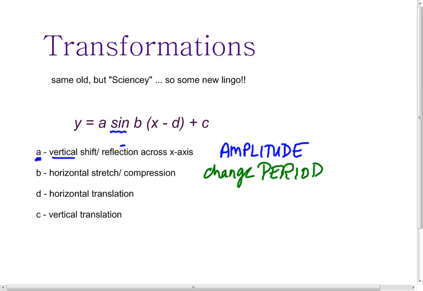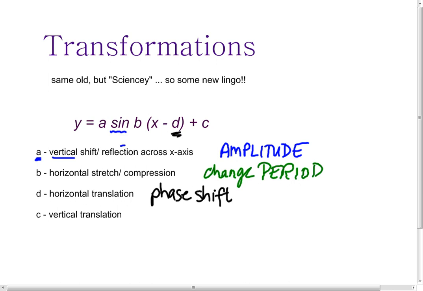Horizontal translation, some books refer to that as a phase shift. So that's the number that we add in the brackets. And don't forget that things are backwards when they're horizontal.